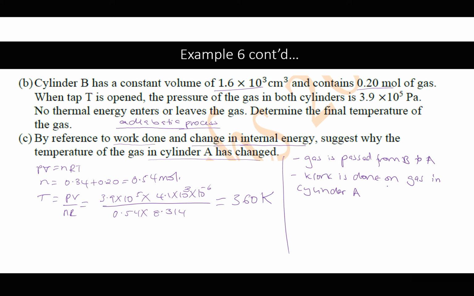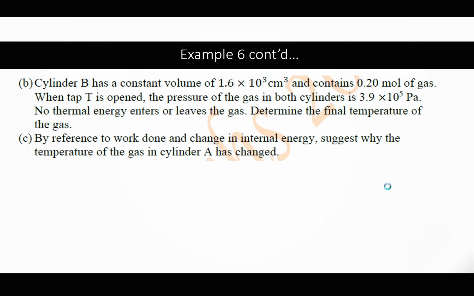And if no heat enters or leaves the system, the only option which remains is the temperature to increase.